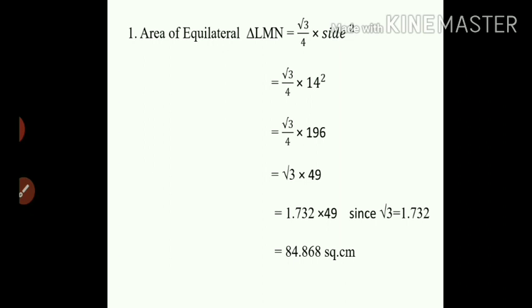Now we will take only two decimal places. I have explained how to take up to two decimal places: the last third number is 8, so 84.868 I will take as 84.87 square centimeter. So this is my first answer.